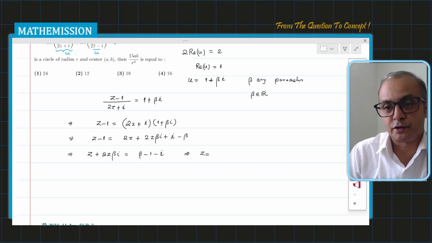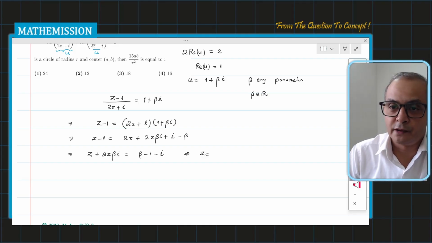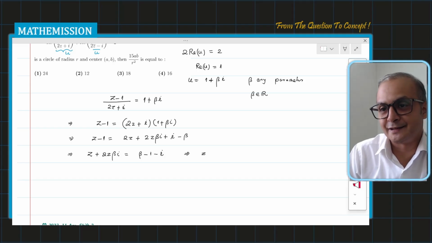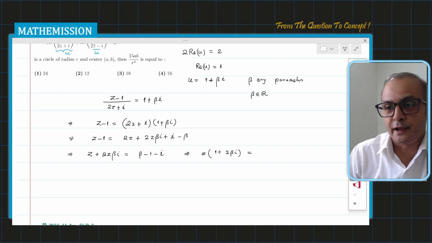So z times (1 plus 2 beta iota) is equal to beta minus 1 minus iota.